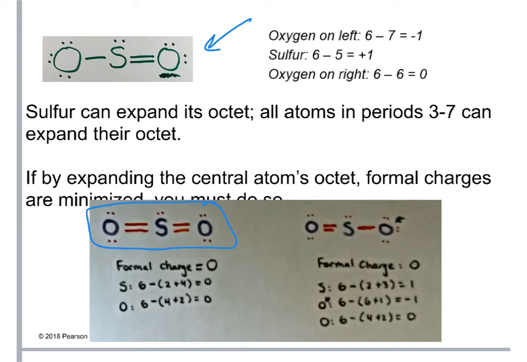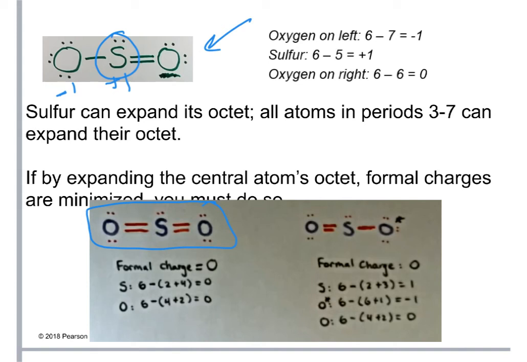All right, since you do have formal charges, remember we had a -1 on this oxygen and a +1 on this sulfur. If the central atom can expand its octet, and sulfur can, okay, it's in period 3, so anything in period 3, 4, 5, 6. If by expanding its octet you further minimize formal charge, the compound will do that to stabilize.